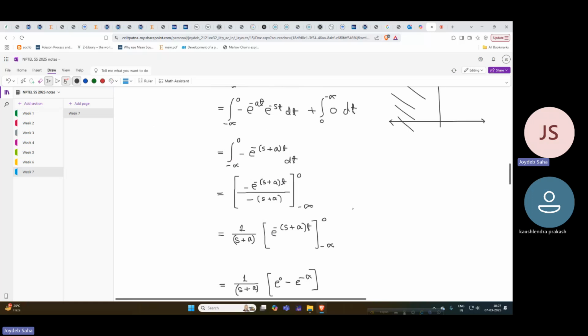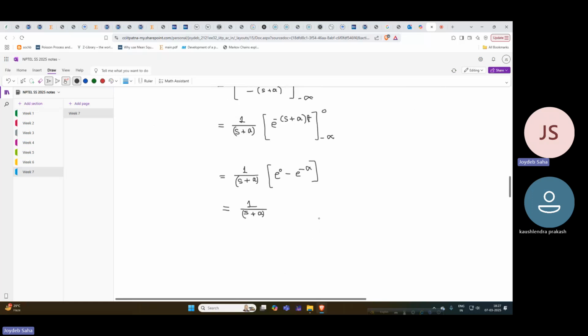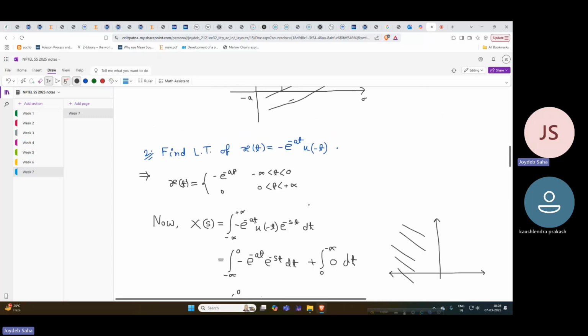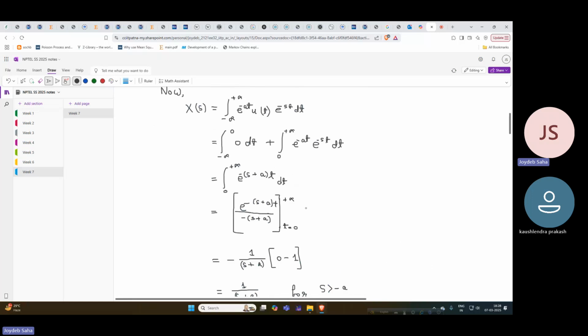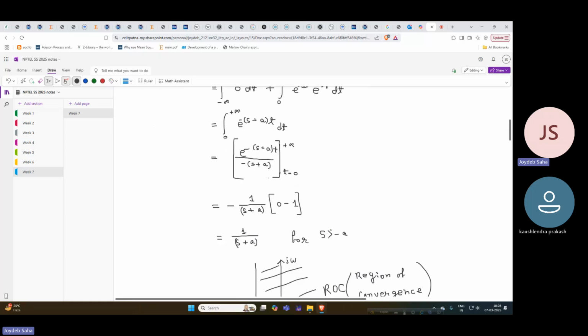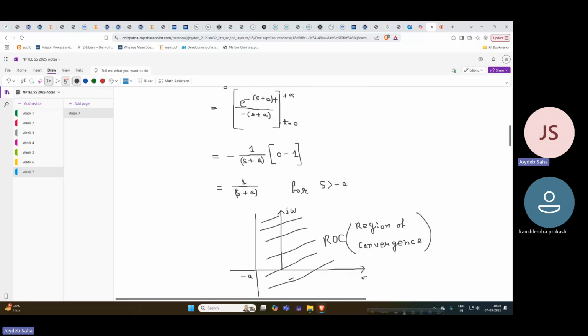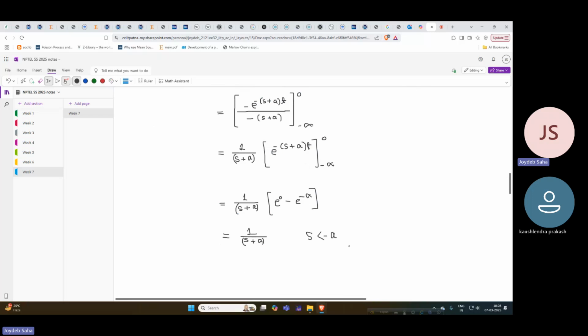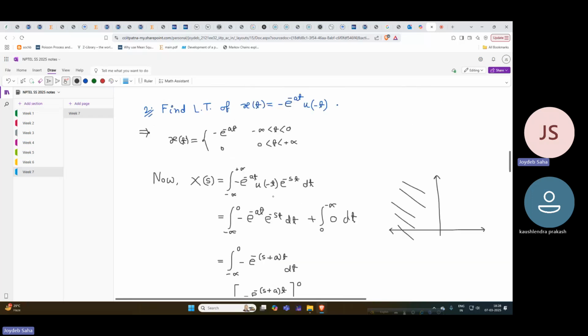Okay, that's why it is coming so. So the region of convergence will be s less than minus a. Look, earlier the problem was the same for u of t, where it was s greater than minus a. Here it will be s less than minus a because it is for u of minus t, so the region of convergence is left sided.